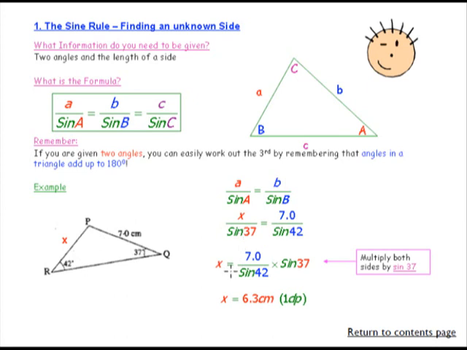If you make x the subject of the formula by multiplying both sides by sine 37, x will be equal to 6.3 centimeters. So that's how you use the sine rule to find an unknown side.